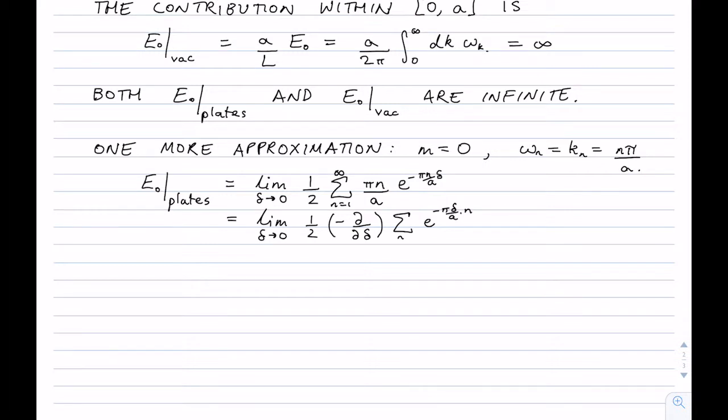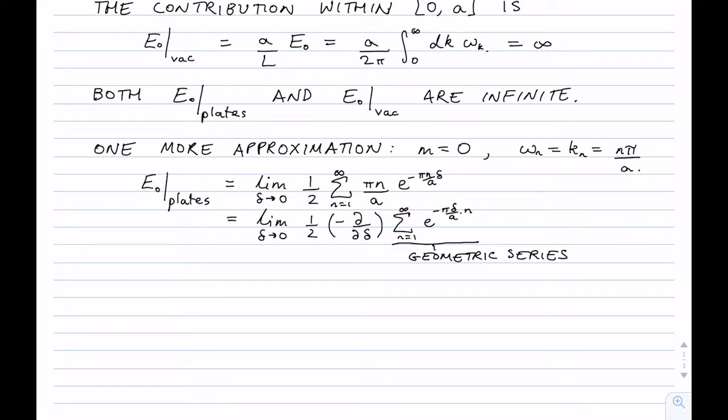And so then I can treat this sum as a geometric series. And then I can work out what the limit of that geometric series is.